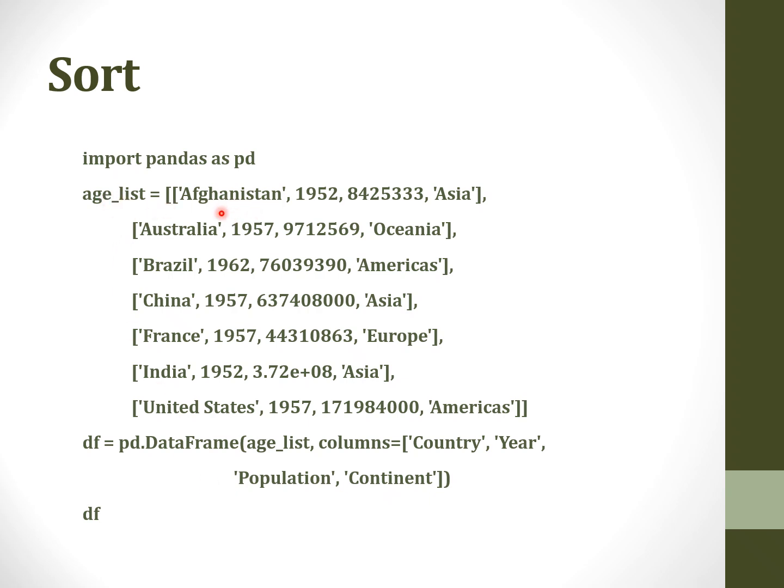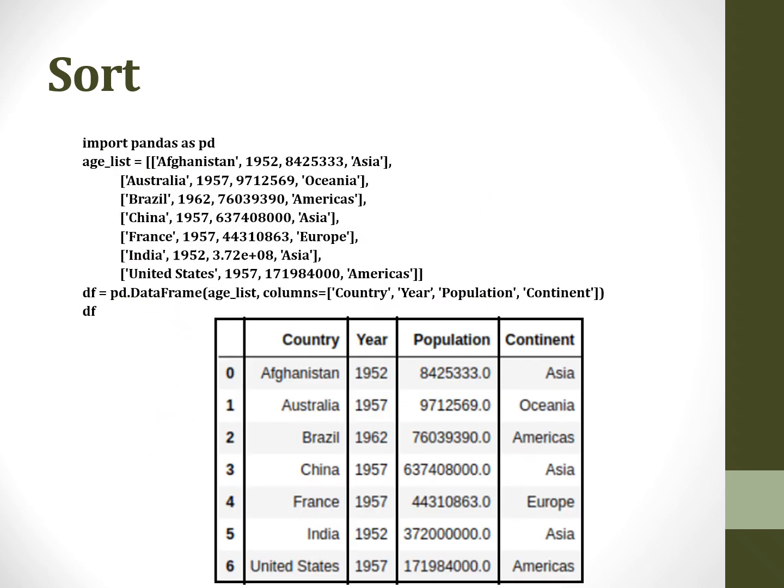Okay, so this is a data frame created. You have all these country names, year names, and some values associated. Continent names are also given here. All these values are converted into a data frame, and if you print it, the data frame looks like this. Suppose you want to sort based on the ascending values of the country.